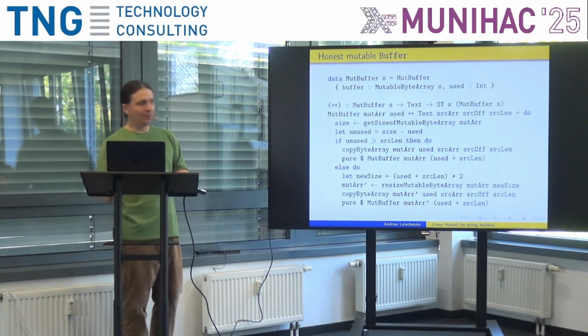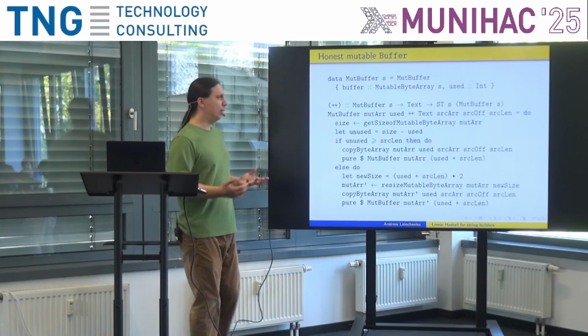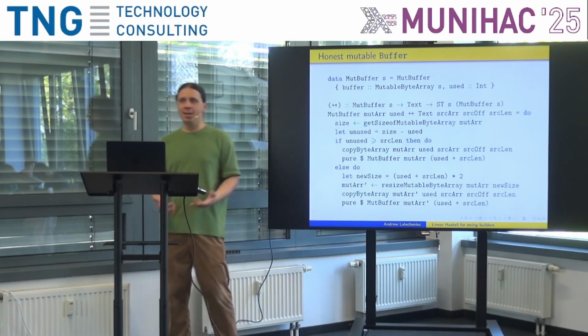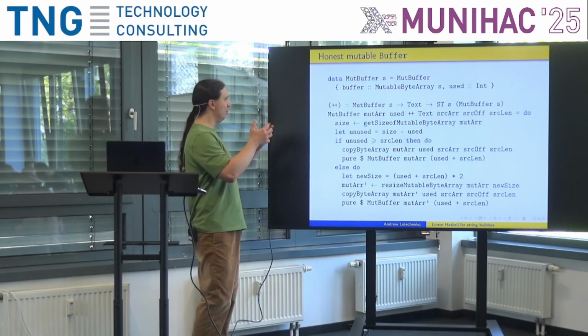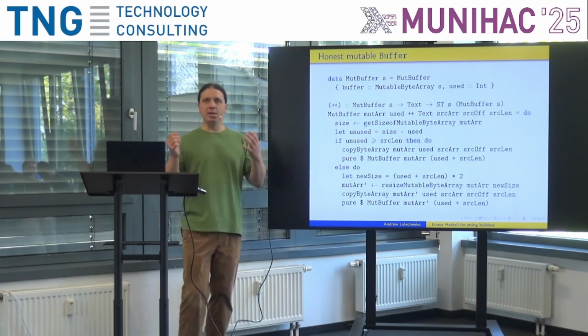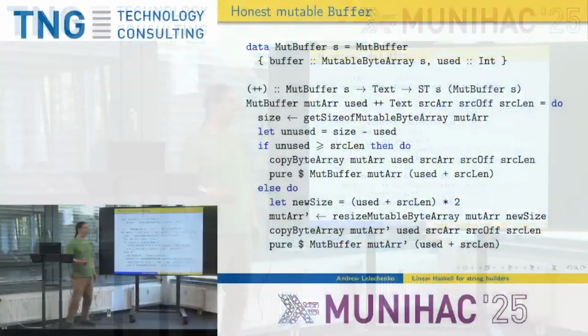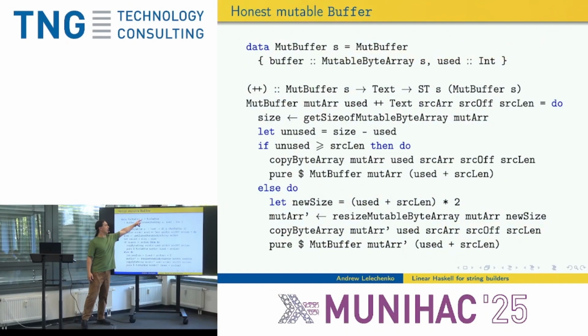Right. So yes, one usual approach we Haskellers take is, let's be honest, this is a mutable buffer. We need to work with a mutable buffer by passing the state token S and work in the ST monad. Works perfectly well. This code is quite correct. We are honest with our readers and our users that this is a mutable array.